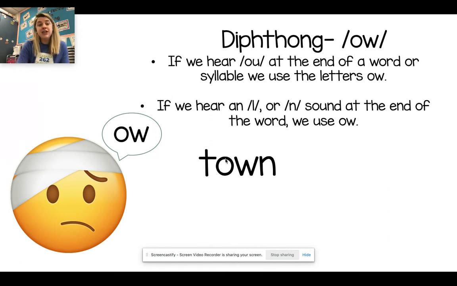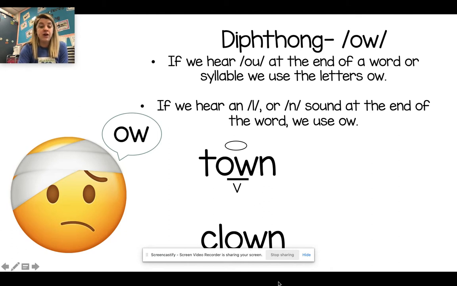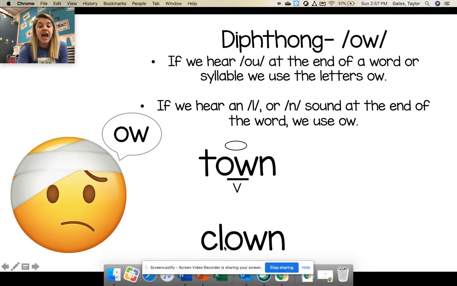This word has an OW in the middle, right? But when we look close, we see that we use the OW in the middle because there is the letter N behind it. So town, okay? So we also have the word clown. There's our vowel.